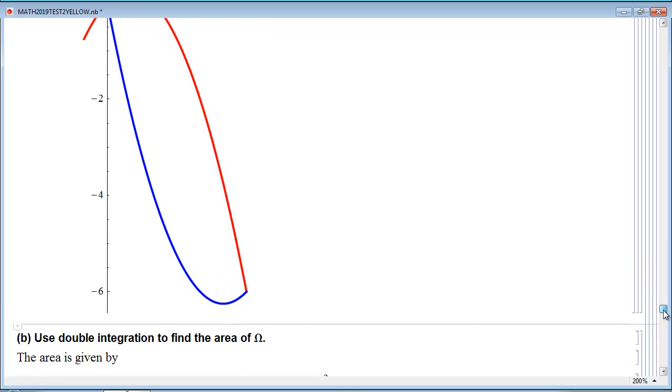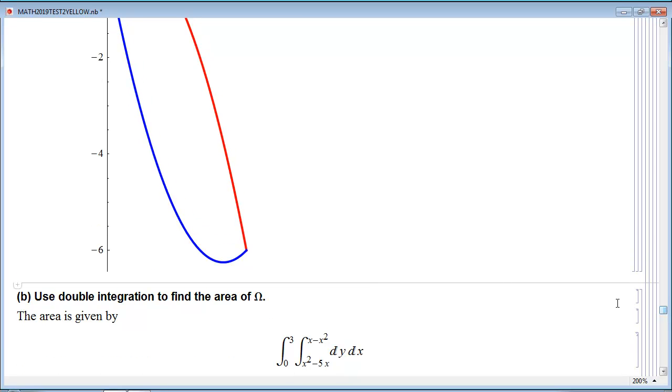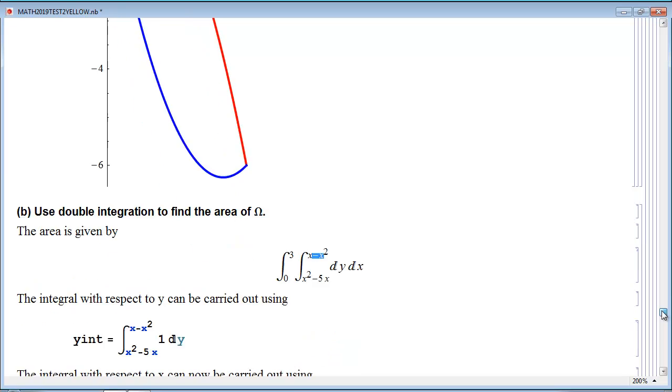So we first integrate from the blue curve up to the red curve with respect to y, and then for each of those we integrate with respect to x from 0 to 3. So this is the integral. It's from x squared minus 5x, which is the lower curve, the blue curve, to x minus x squared, which is the red curve, and we can do that in a couple of stages.